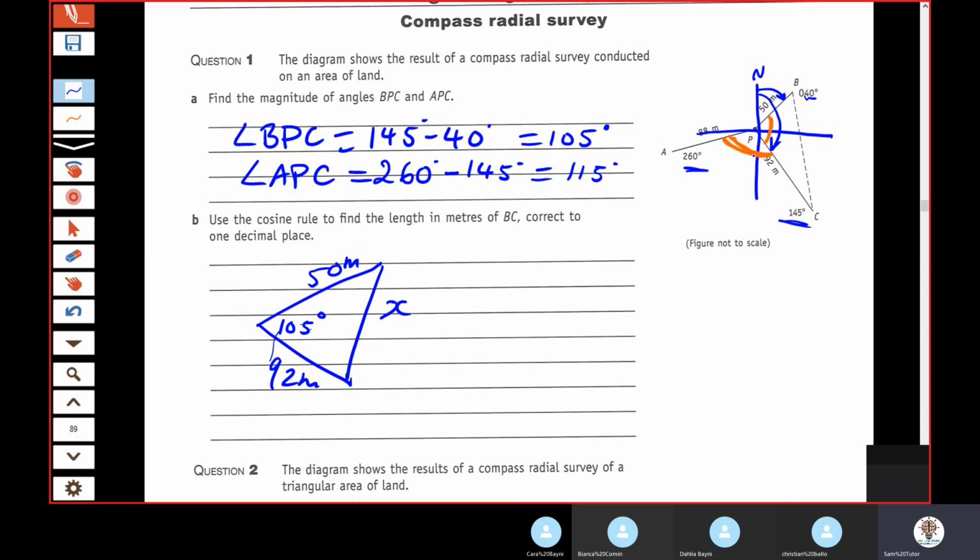Yeah, you're using the cosine rule, the c squared one. Yeah, this one.